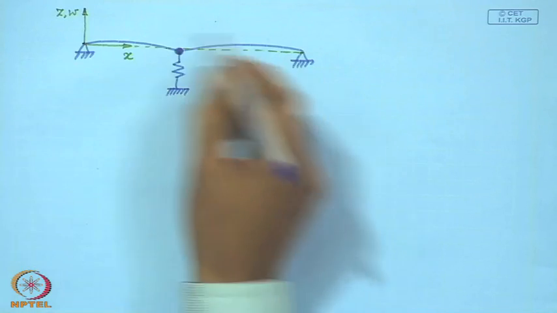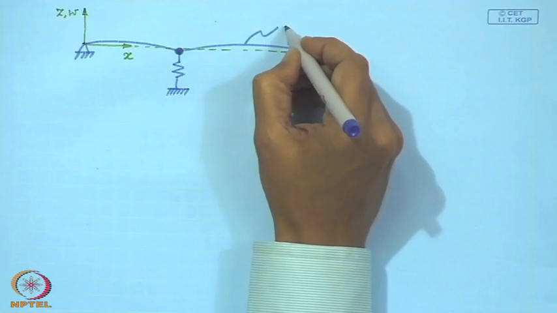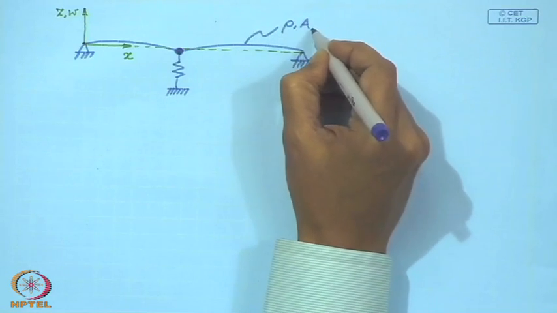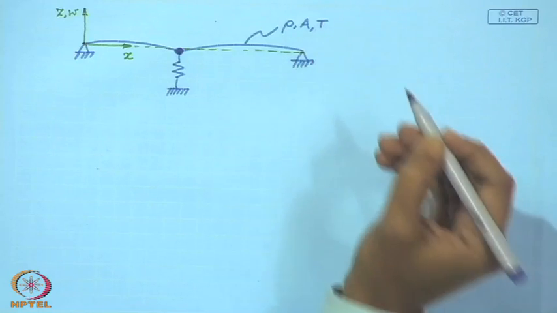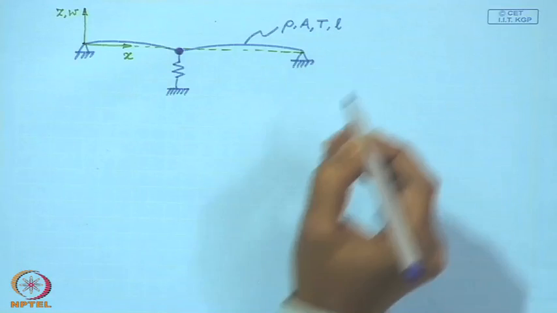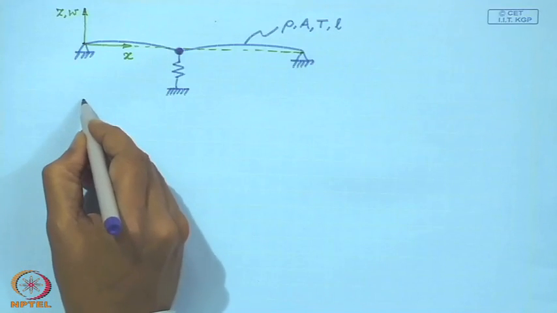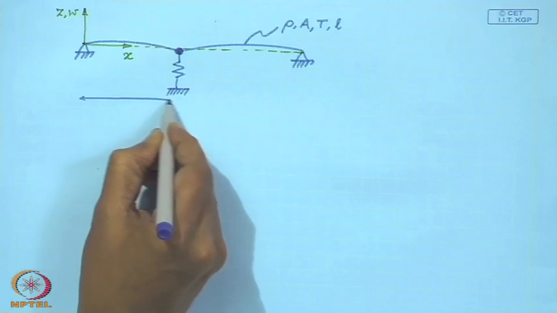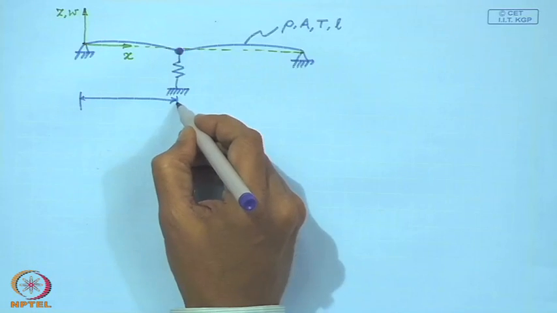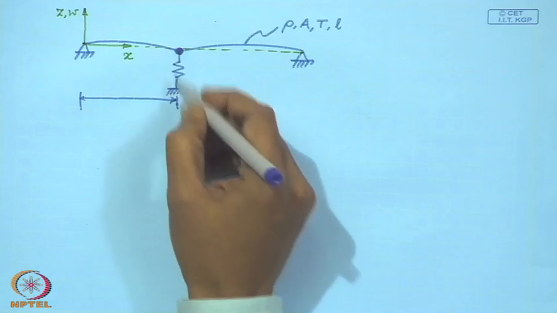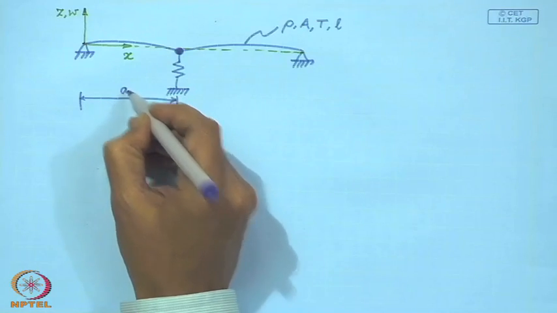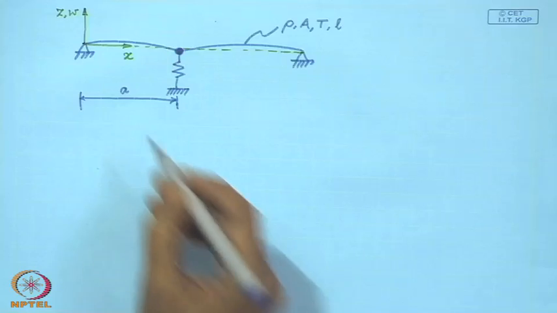Let us consider here a string made of a material of density rho, area of cross section A, under a uniform tension and length L. We consider an oscillator connected to the string at a distance a from the origin.